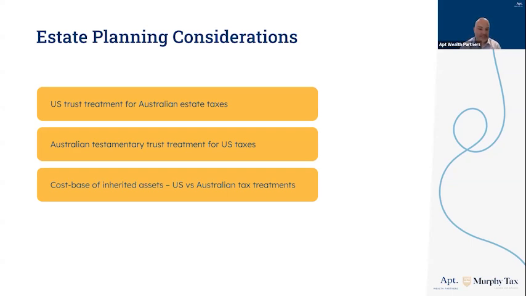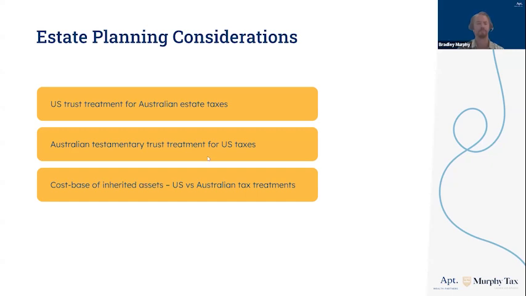You can shift assets from the individual into the trust structure, avoid probate, and it can offer some benefits for the eventual estate. But the movement of an asset from an individual into a trust is, from an Australian tax standpoint, a taxable event. So you have to be very careful to make sure that anyone advising you on the US side really understands how Australia works as well.